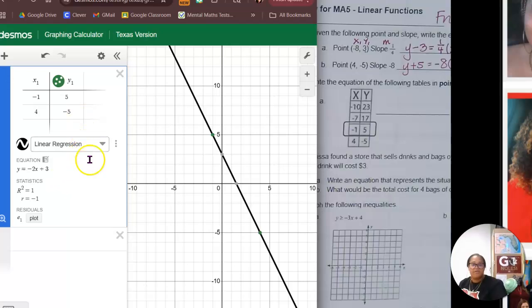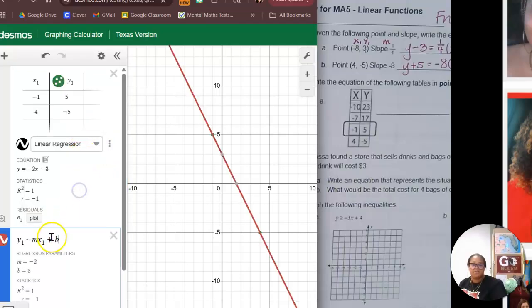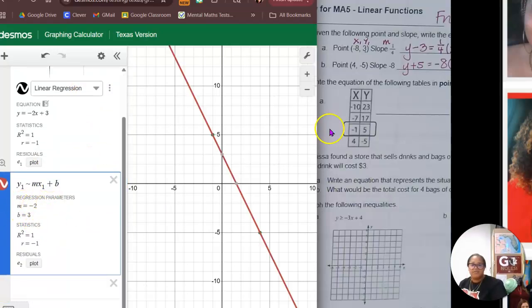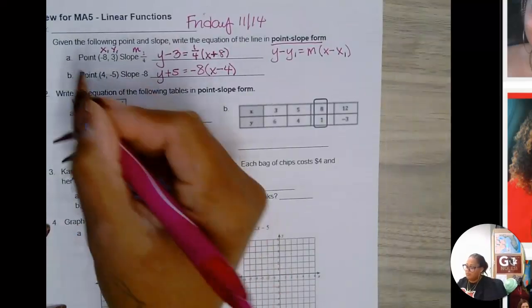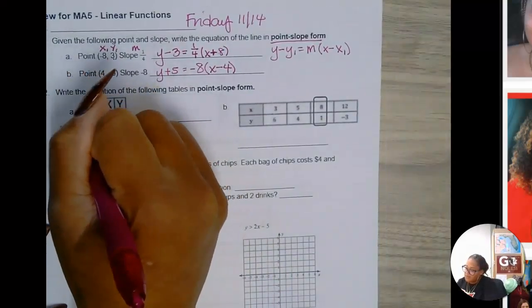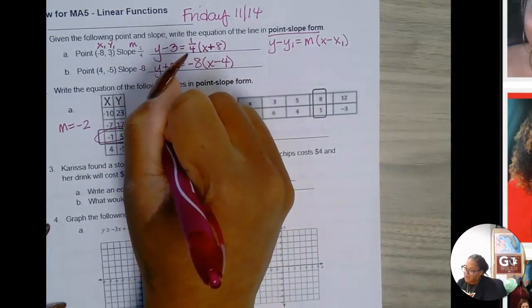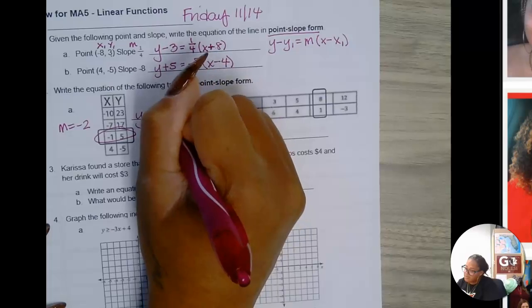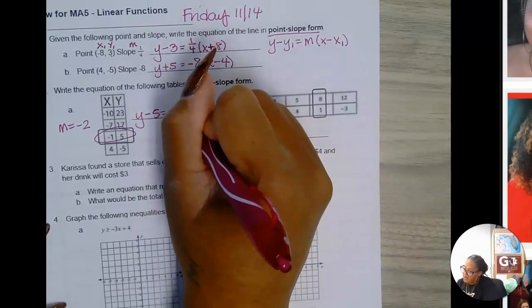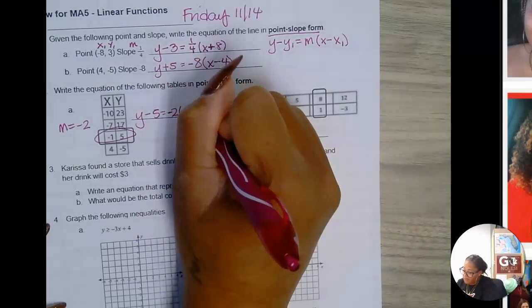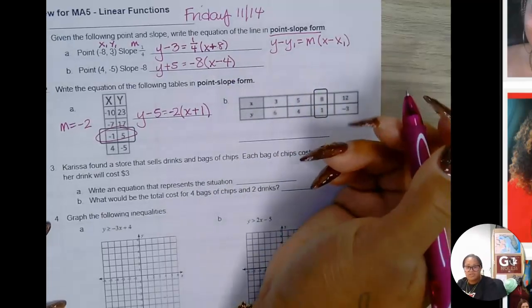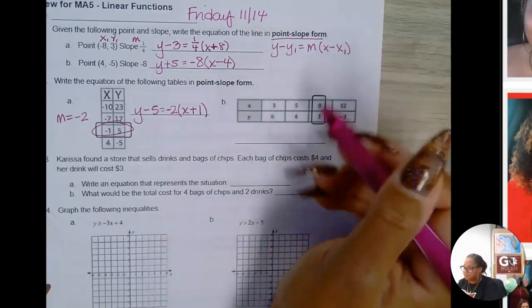Hit my regression button, and just in case, my slope is negative 2. Slope is negative 2, and I must use this point. So it'll be y minus 5 equals negative 2 times the quantity of x minus negative 1. And I just crisscross those negatives, the minus negatives.